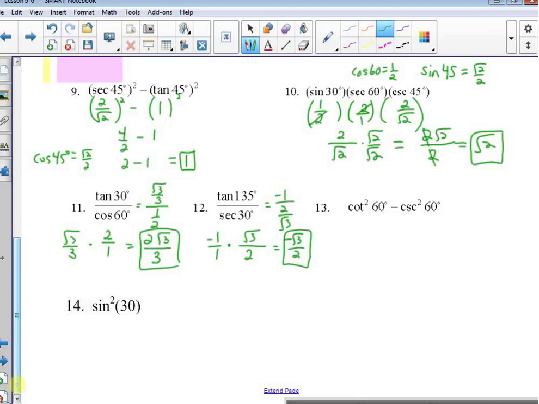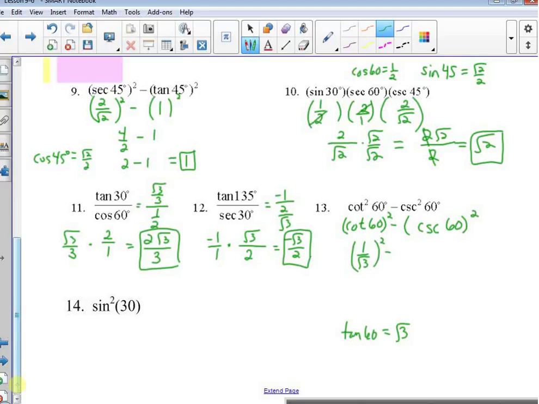13, cotan squared 60 is the same as cotan 60 squared. Cosecant squared 60 is the same as cosecant 60 squared, kind of like we wrote it up in number 9. So it just means take the cotan of 60, whatever that is, and multiply it times itself. So the cotan of 60 is related to the tan of 60. So the tan of 60 is equal to radical 3, so cotan of 60 is 1 over radical 3.